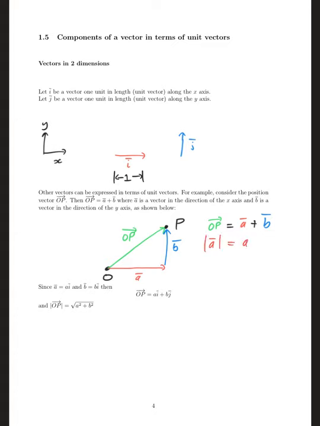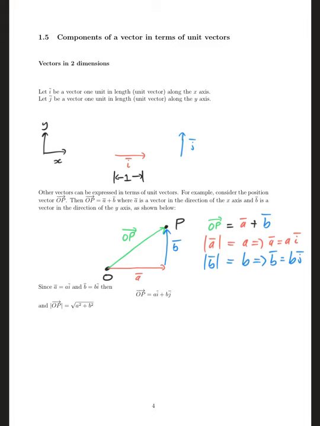Now if we say that the length of a is just a, the number a, or the scalar a, and the same with b, well, since a is in the same direction as i, and i has length 1, that means that a, the vector, is equal to a times i, the unit vector in the x direction. And the same for b. b is equal to the length of b times j, the unit vector in the y direction.